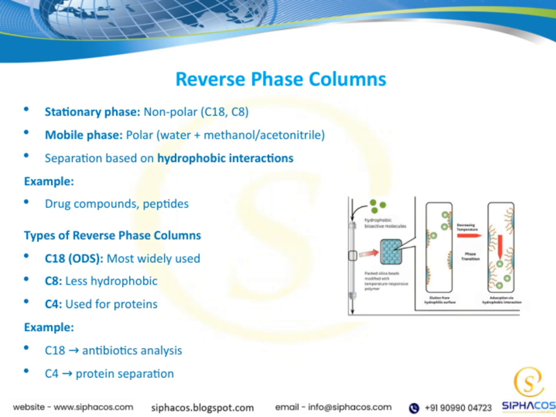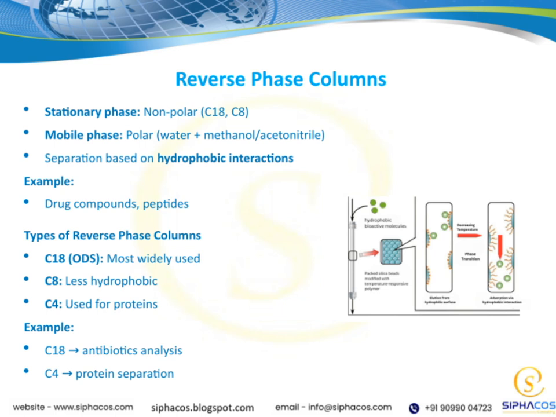When it comes to the different types of reverse phase columns, C18, also known as ODS, is by far the most widely used because of its strong hydrophobicity. Then there's C8, which is less hydrophobic, making it suitable for certain applications. And for proteins, we often use C4 columns.